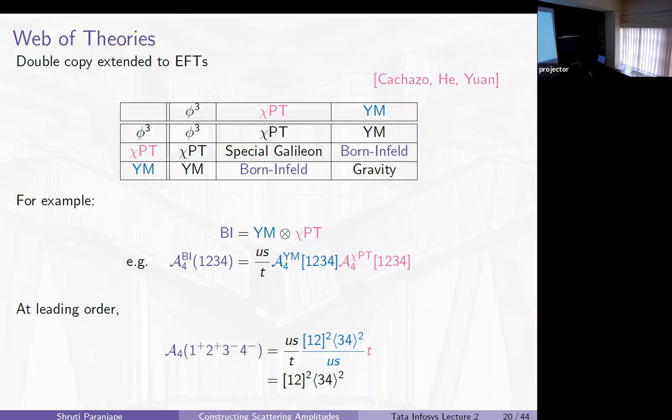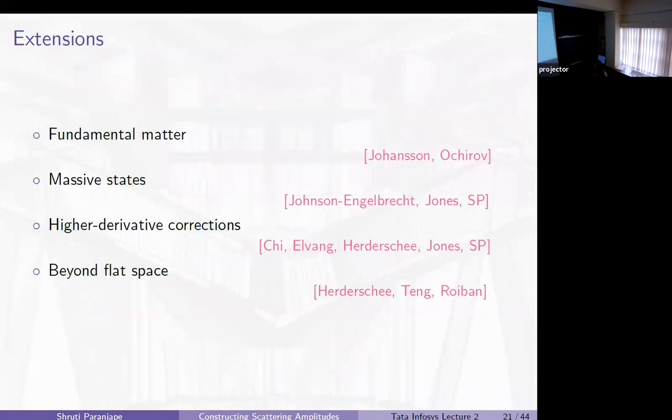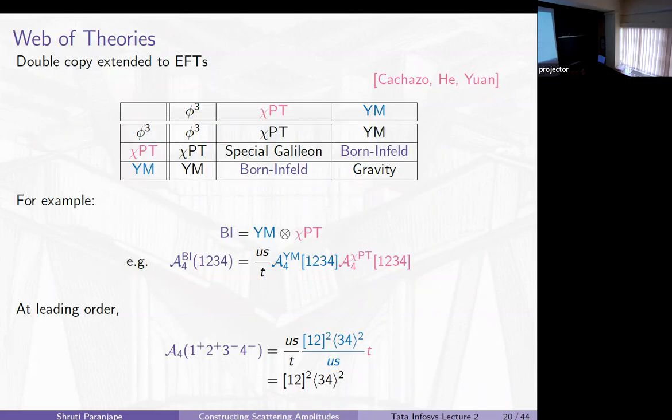There are some extensions of this. This is just to say that it's not just those 3 theories, and it's not just massless theories. There's other stuff you can apply this to. Phi cubed is the identity, and it's the bicolored phi cubed. Phi is bi-adjoint, so it has two adjoint indices, so it's not just the regular phi cubed theory.